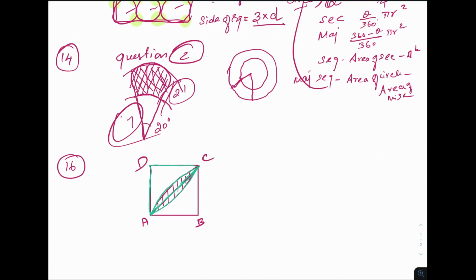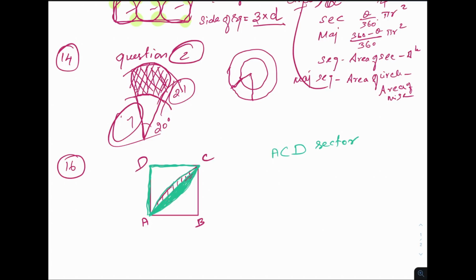So here we can take this as a sector and this will be the segment. If I take ACD, that is actually a sector. ACD will be a sector, so I can subtract this triangle area to get this area, that is the area of the segment.